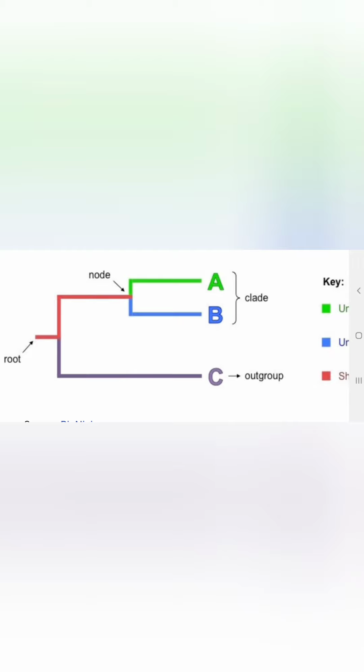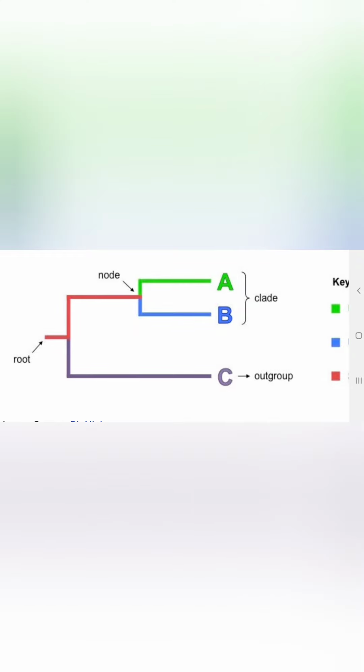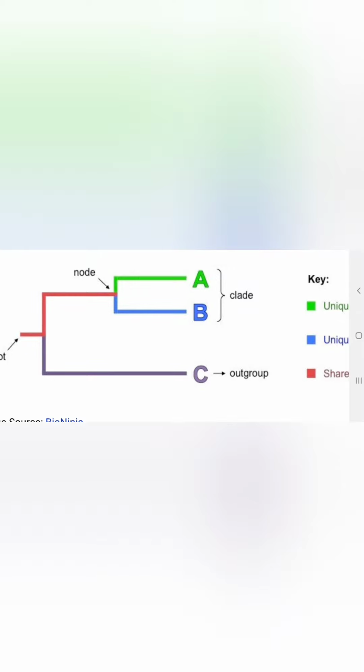Some give rise to a clade and some give rise to an outgroup. A clade represents the sister descendants which have almost similar characters to the ancestor, but the outgroup represents quite a different character from the ancestor, and it becomes a very different species from the clade, so that we can place it in a separate family or genus. Students, a node is the point from where these clades split up or arise.